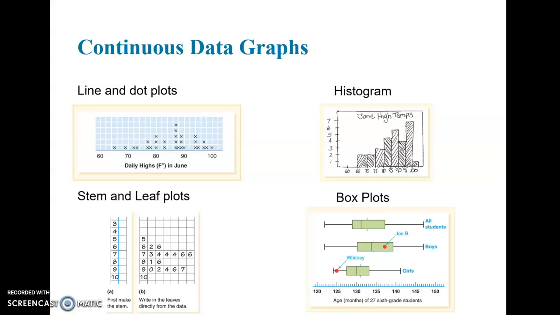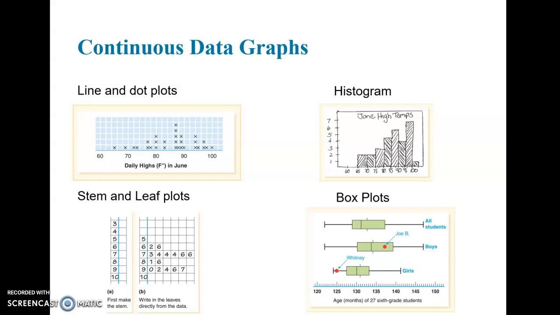Importantly, a box plot highlights the interquartile range, making visible the middle 50%, with 25% to the left and 25% to the right. A box contains the middle half of the data, one quarter to the left and one quarter to the right of the median.